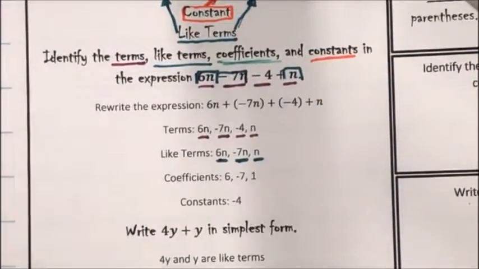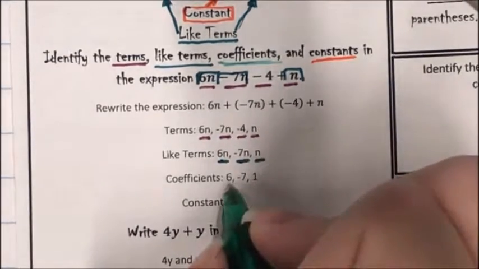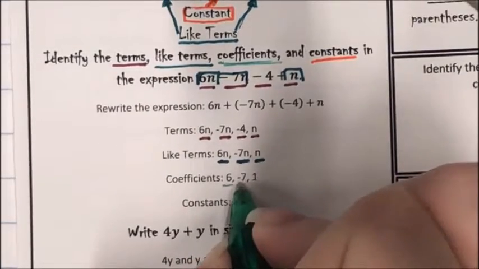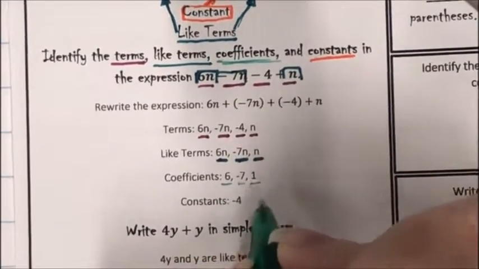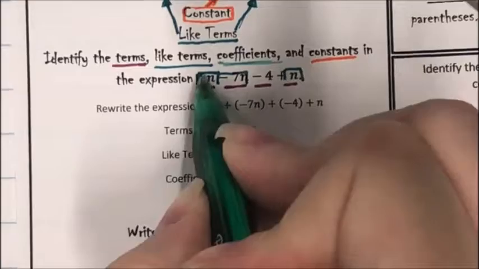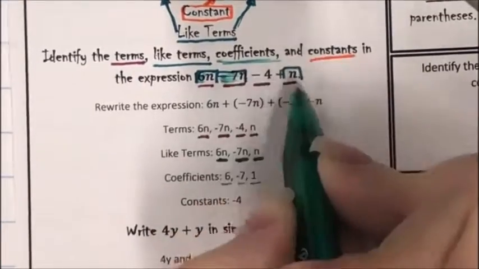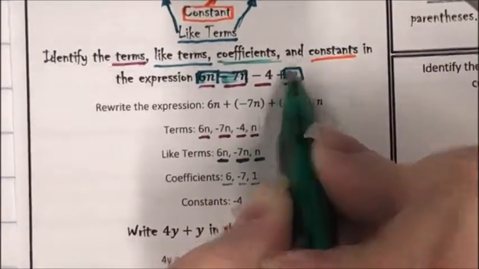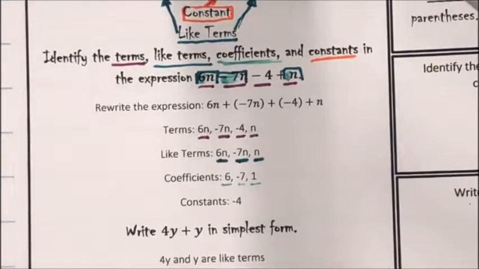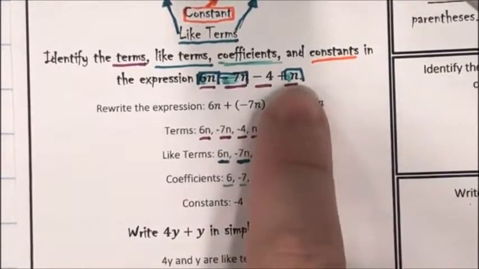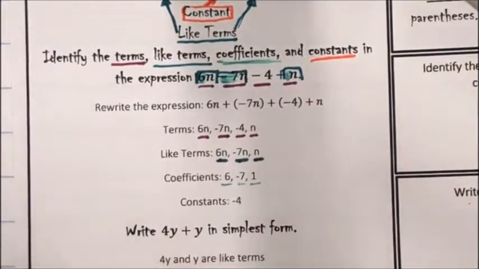My coefficients are any numbers in front of my variables. So my coefficients are 6, negative 7, and 1. The reason one is a coefficient is because it's in front of the n. It's an imaginary 1 in front.